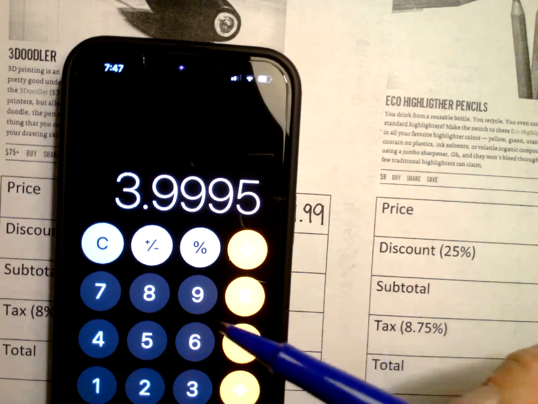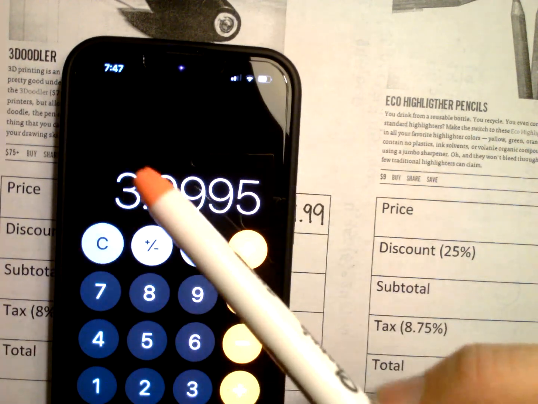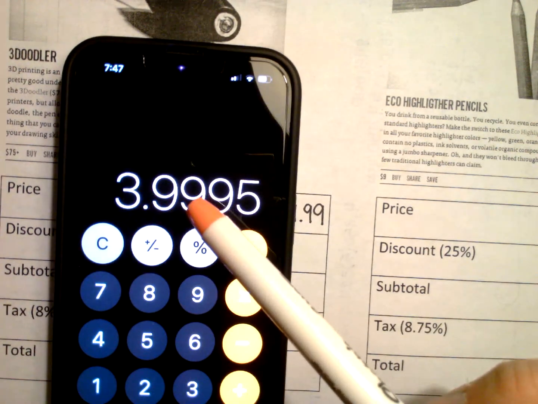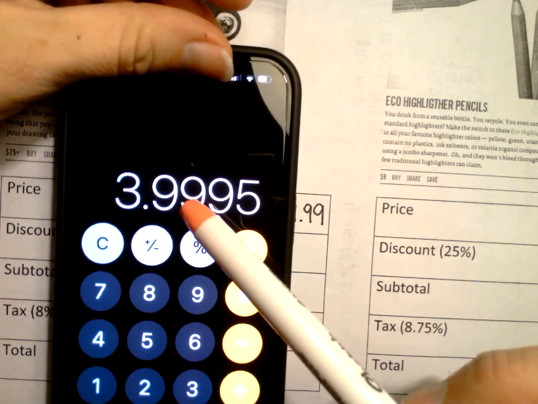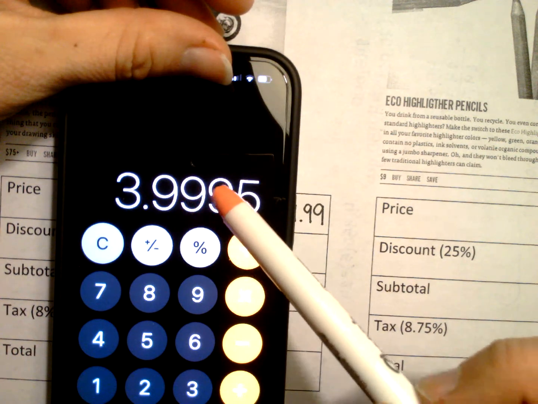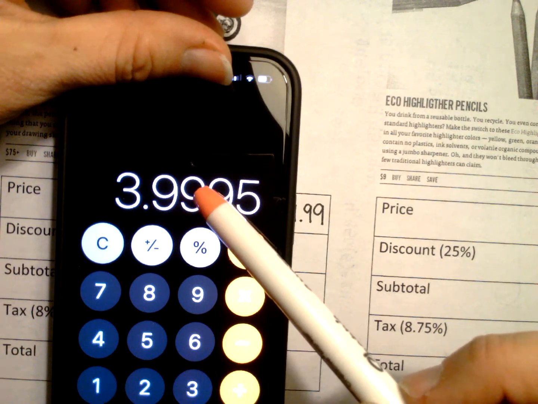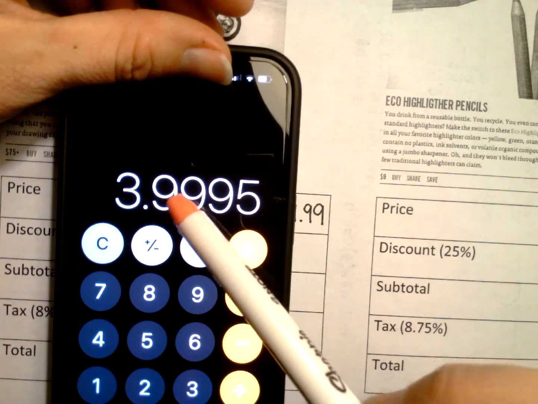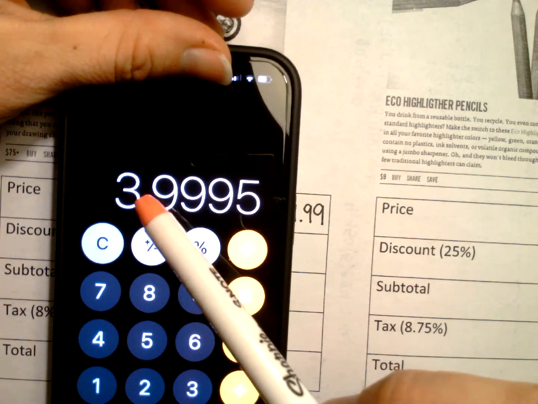Now I am dealing with money, so I can't write down the whole number. I'm going to use a different color to show this better. I'm going to look at the number in the tenths spot, and I'm going to look next door to the right. It is a 9, which means that this 9 is going to move to a 10, which means that this 9 also has to move to a 10, which makes the 3 go up 1.